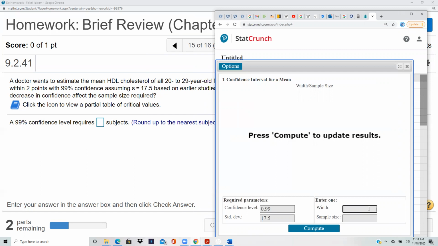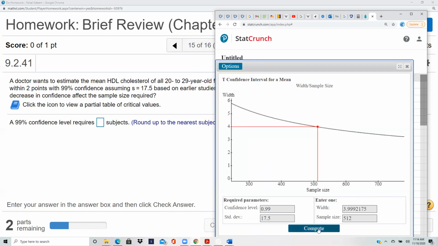Would it be 4? Why? Within 2 means the margin of error is 2, right? So you would multiply by 2 to get the width. Yep. 512.